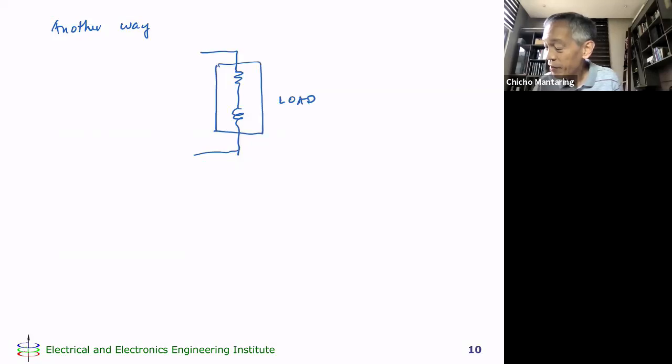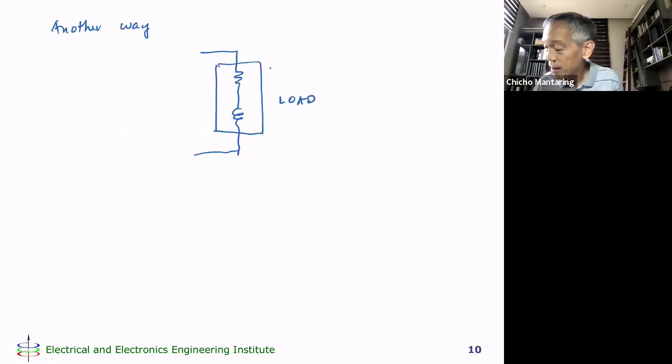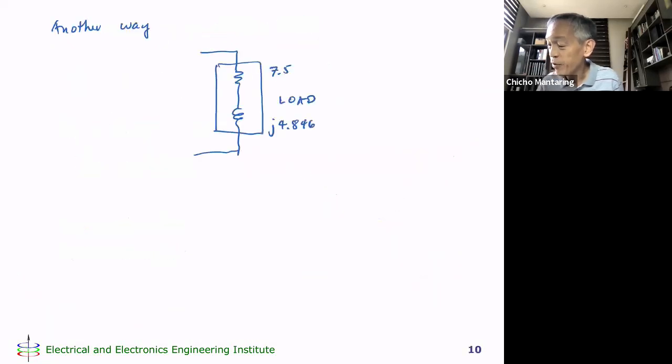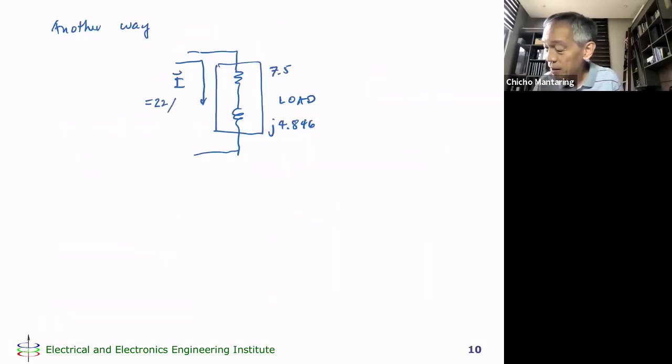So this is 7.5, and then this is j4.846. Right? Yeah, 4.846. And I have this current I flowing, which is 22 at an angle of minus 36.87 degrees.